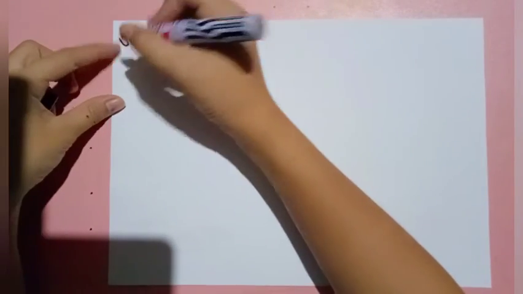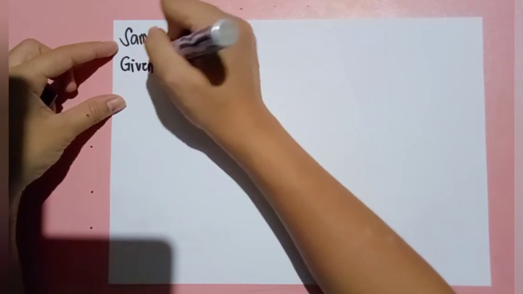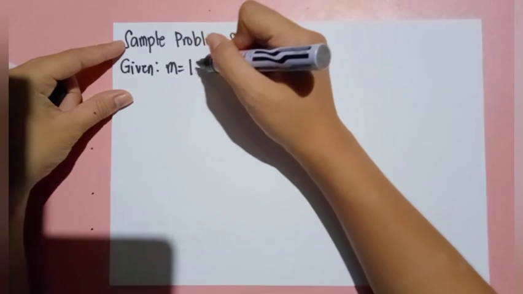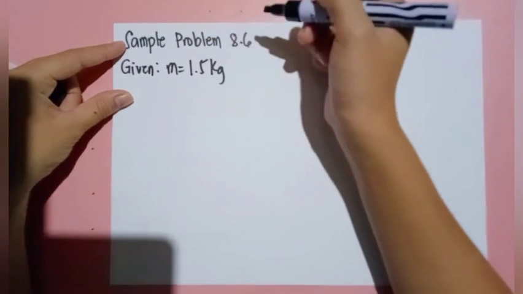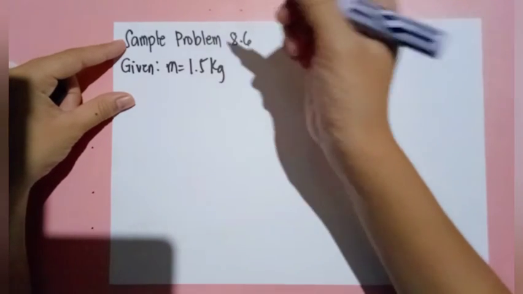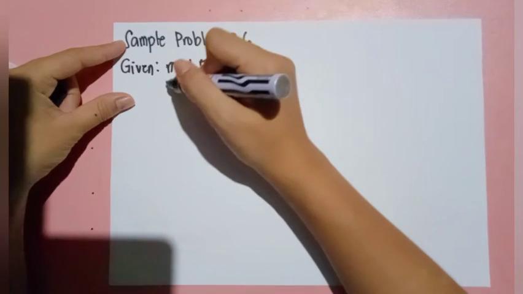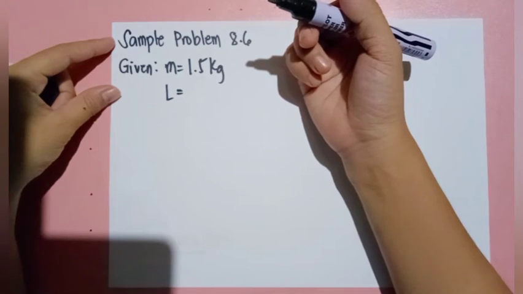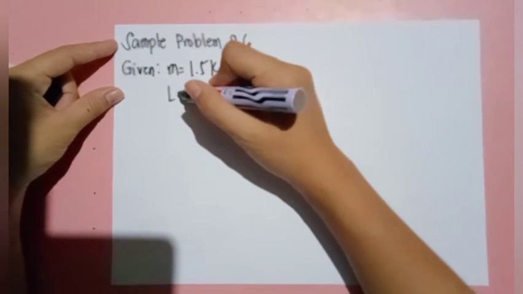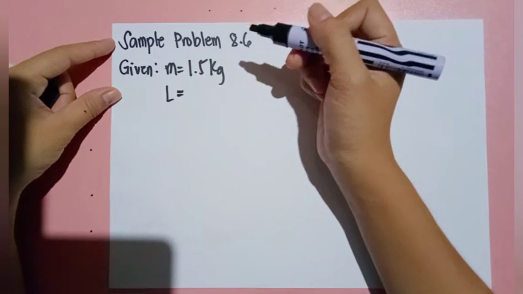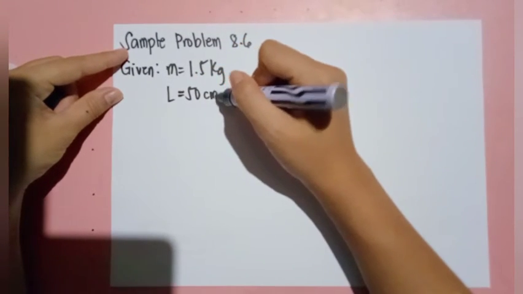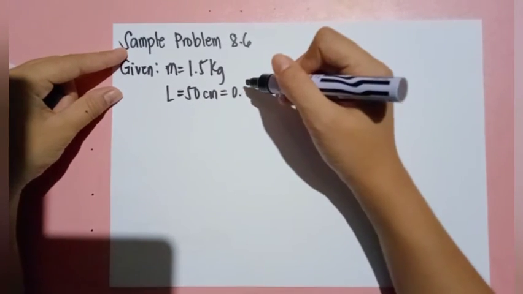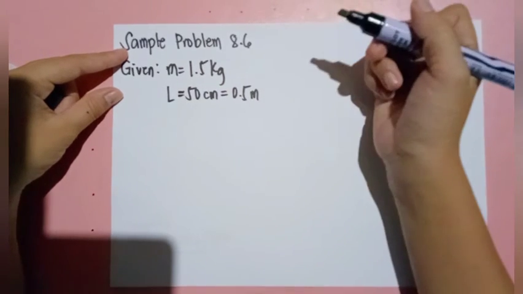So equation 8.20, that is T equals... let's start with the summary of the given first. Given is mass, 1.5 kilograms. The length of the meter stick, which is uniform, is equal to 50 centimeters, or converted into meters, 0.5 meters.